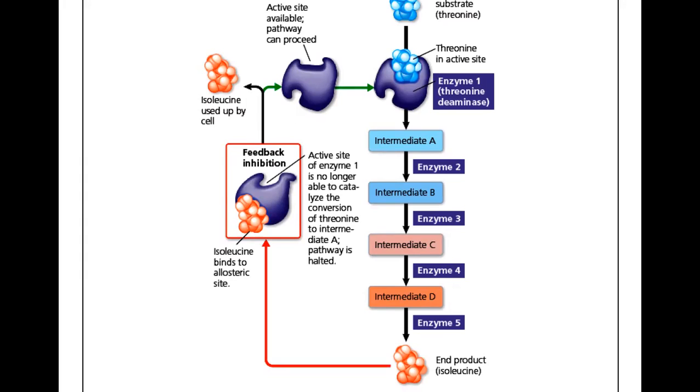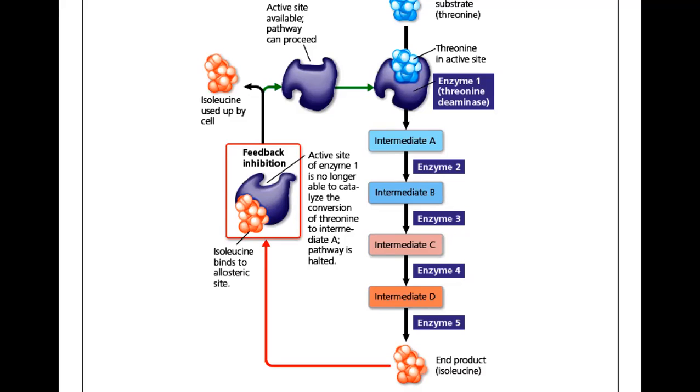Understood my point? Isoleucine has been produced for a purpose, no? Yes, sir. Until isoleucine is used up, do we need another isoleucine? No, sir. This isoleucine is there, correct? Yes, sir.